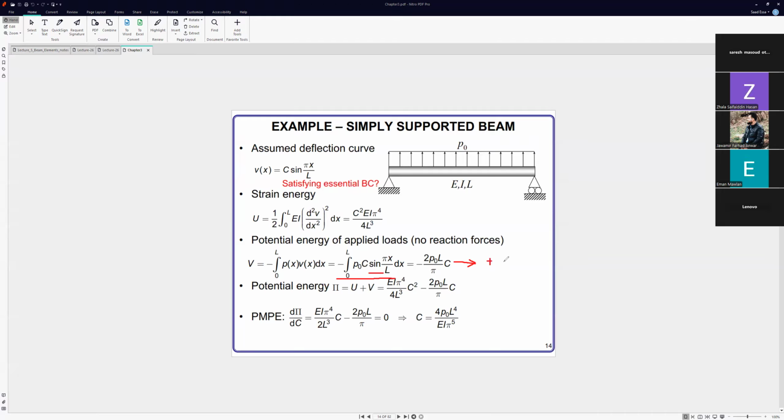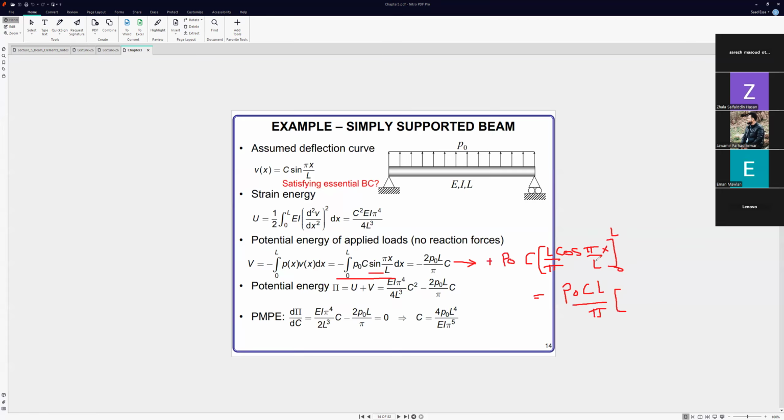It will be positive P naught times C times cosine pi x over L, then inverted, L over pi, to get the angle constant pi over L, between 0 to L, so it is equal to P naught C L over pi. This is the constant.